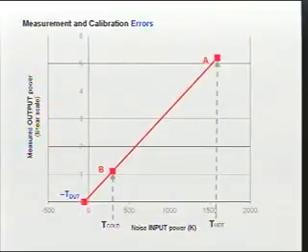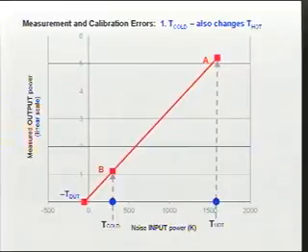Right, so let's look at some of the errors. The first error I'd like you to think about is the error in T-cold. In other words, you've got that point wrong. If you have that point wrong because you haven't bothered to measure the physical temperature of the noise source, but you just guessed at it, then that moves. It also changes T-hot because of the nature of the formula.